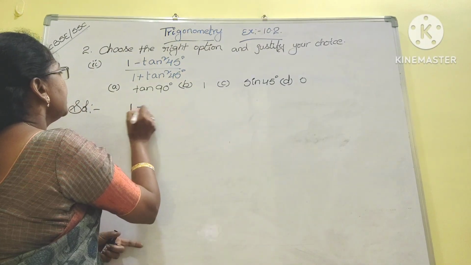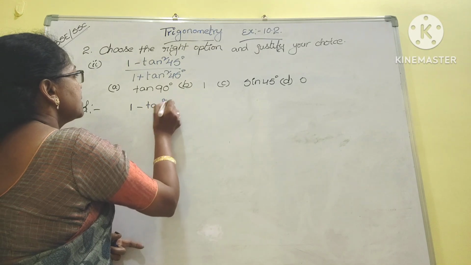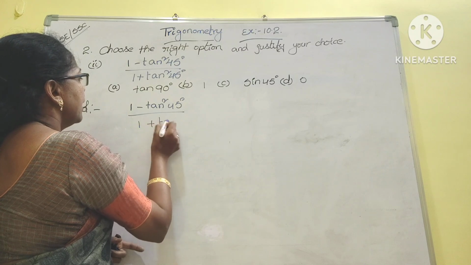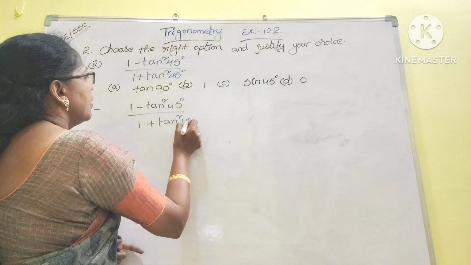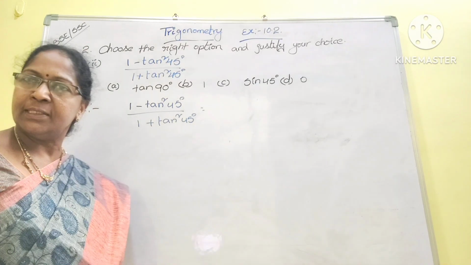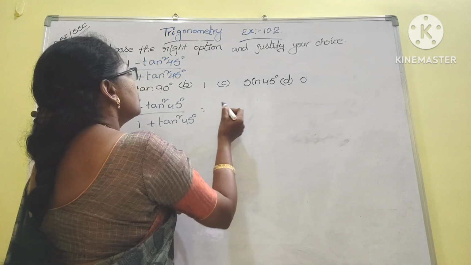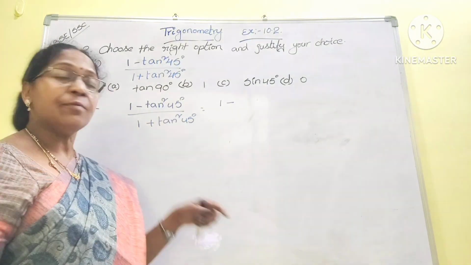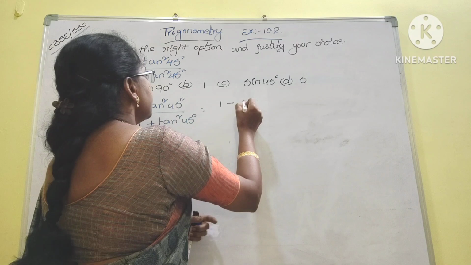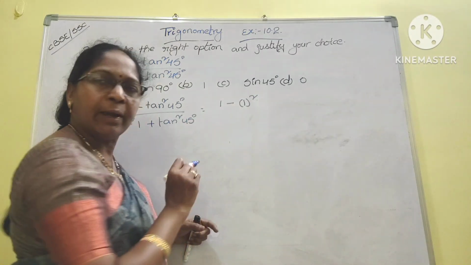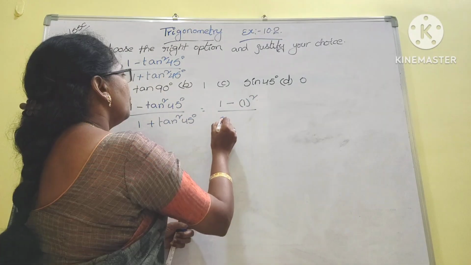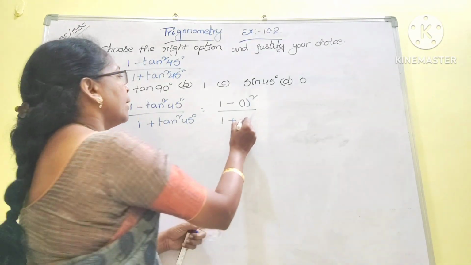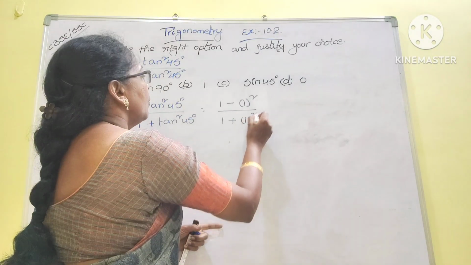Now here 1 minus tan square 45 degrees divided by 1 plus tan square 45 degrees. You just have to substitute the values. So 1 minus, where tan 45 equals 1, 1 square, divided by 1 plus again tan square 45, tan 45 equals 1, so here also you have to write 1 square.